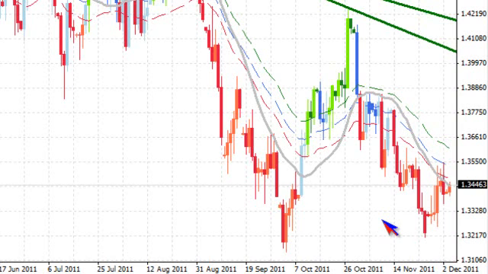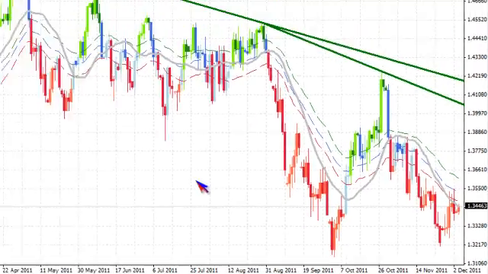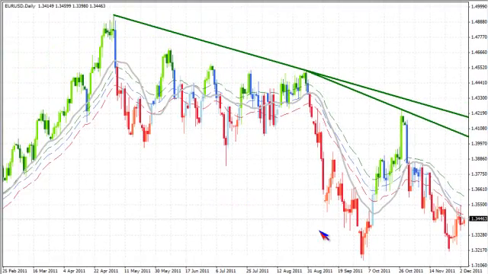Now, of course, the fundamentals surrounding the Euro-US dollar right now make it a little difficult to trade purely from a price and charting basis, because I have to recognize that any headline coming from abroad could push this market up higher.